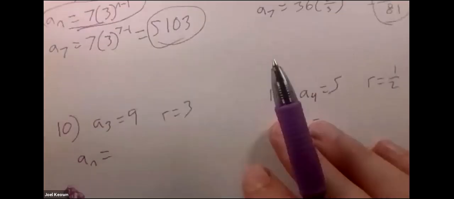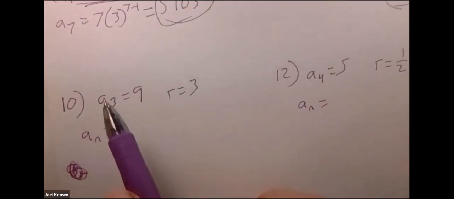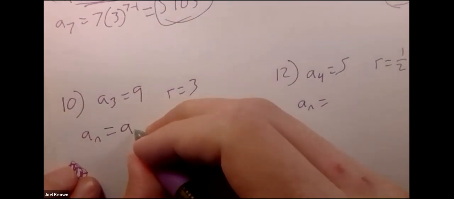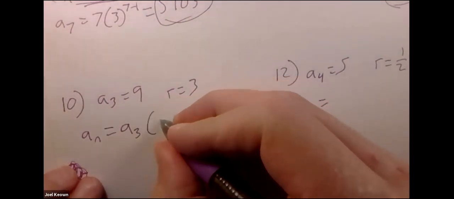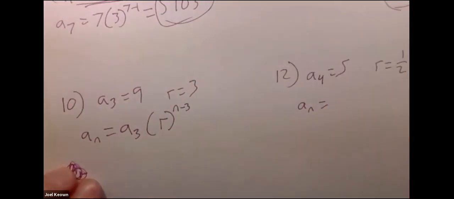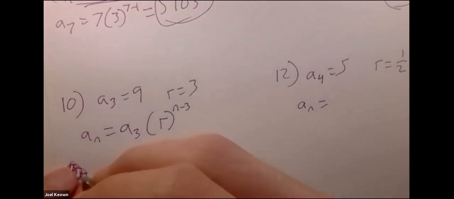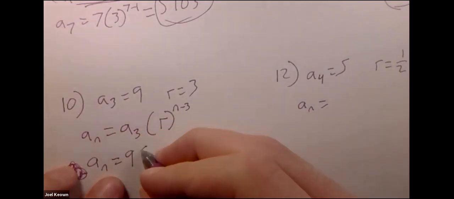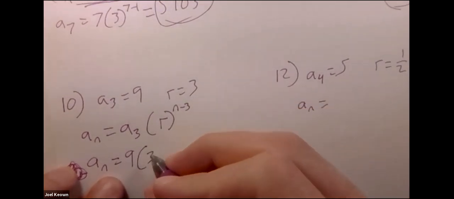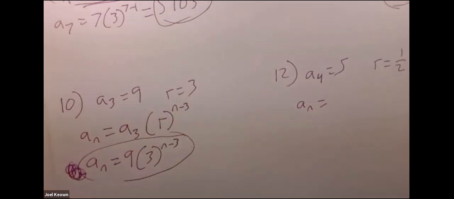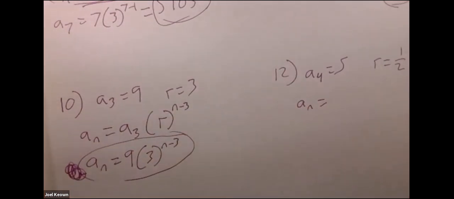Well, in this case, I want to change it to the number 3. So I'll write out in general what I'm going to do. I'm going to change it to a sub 3, which means I need to change this to n minus 3. Now I can plug in and say, okay, a sub n, the a sub 3 is 9, r is 3, n minus 3. And there we go.